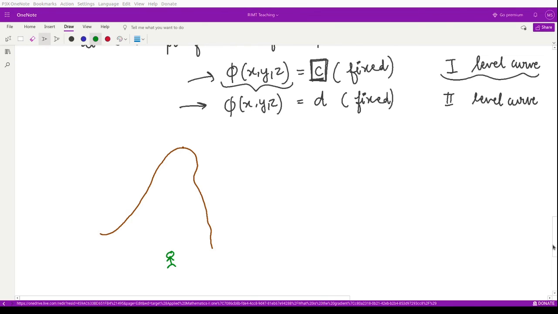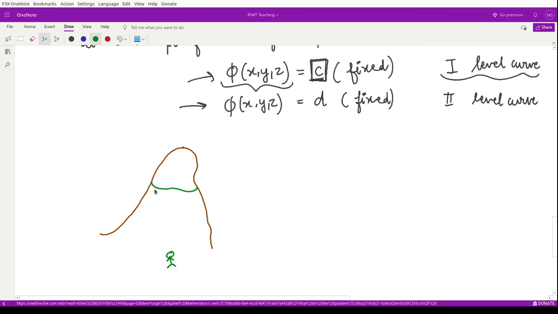On this mountain, suppose this is a curve defining the geometry of the mountain. With the curviness of this mountain, this curve is also bending, right?